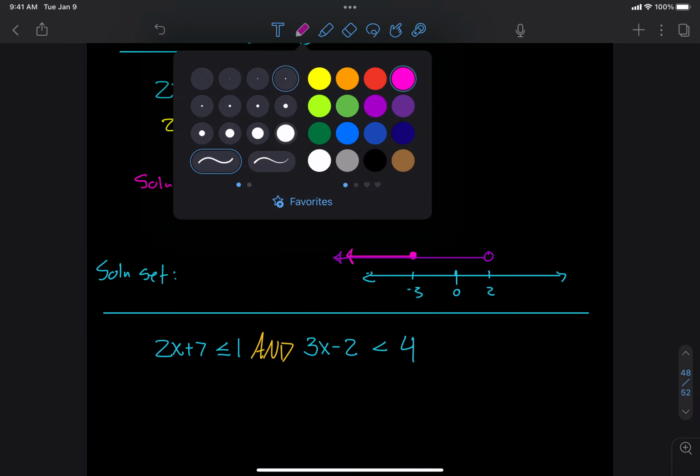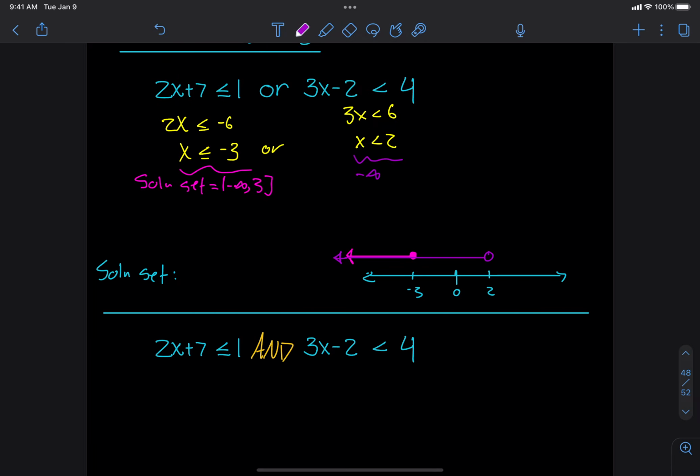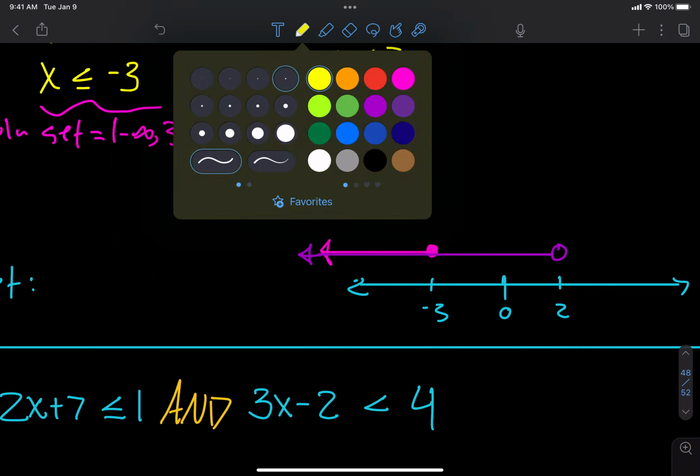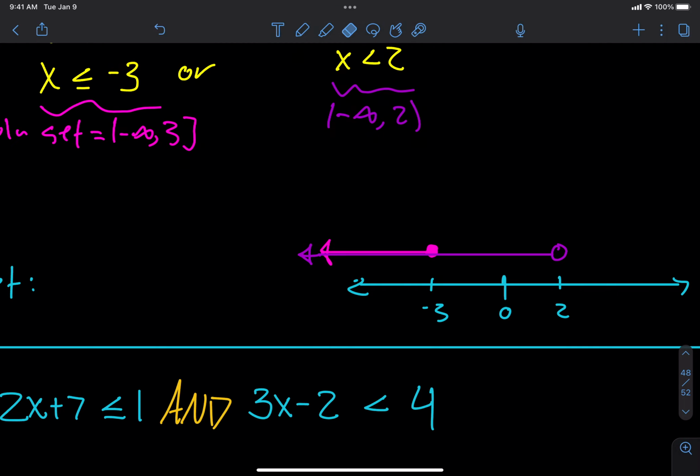And this solution set with the purple one is negative infinity comma 2 with a parenthesis. If I take the union of these two, then I will get the solution set for my big thing. Sorry, this should be a negative 3, right? Negative infinity comma -3, and then I'm going to union this with negative infinity comma 2 with a parenthesis.